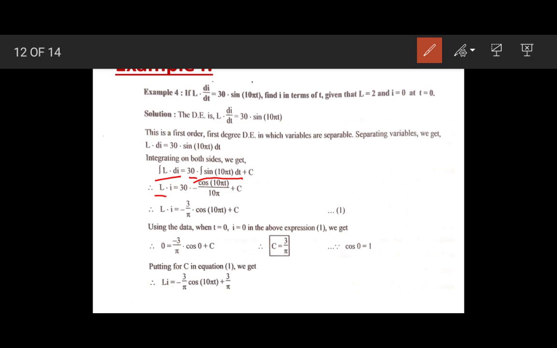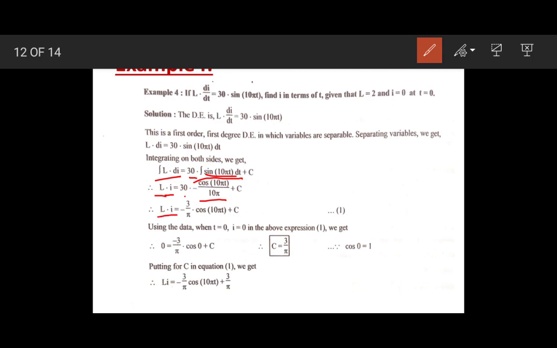Now L is constant and integral of 1 with respect to I is I. Then 30 constant, integral of sine 10 pi t is minus cos 10 pi t divided by the coefficient of t, so 10 pi, plus c.